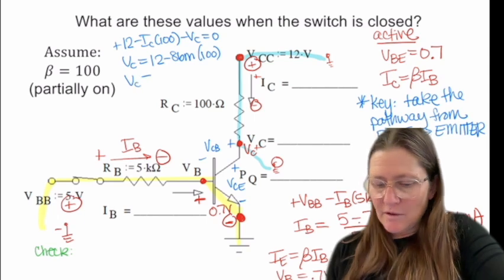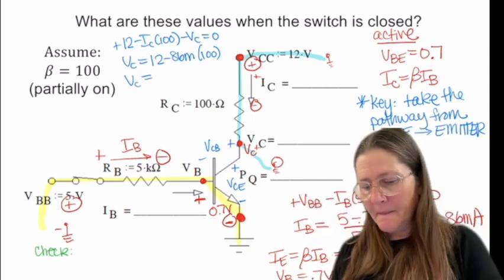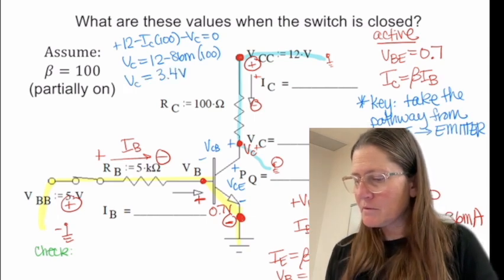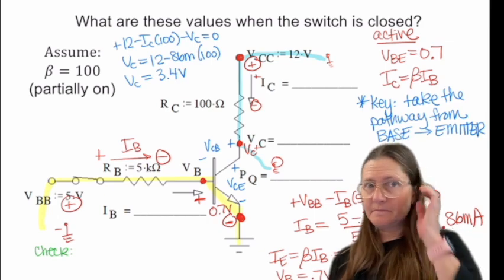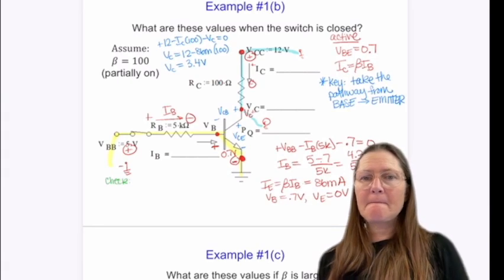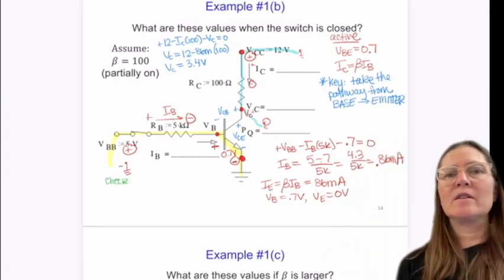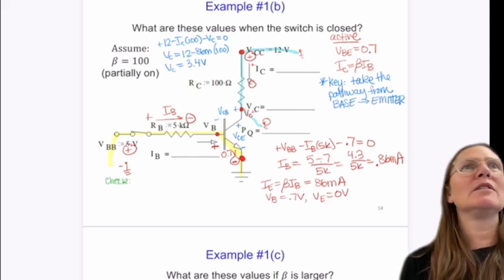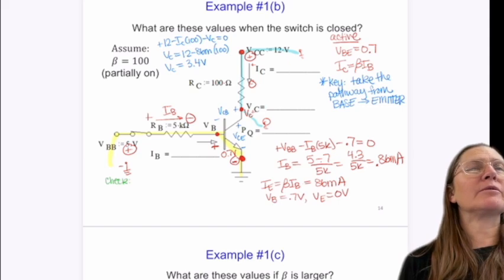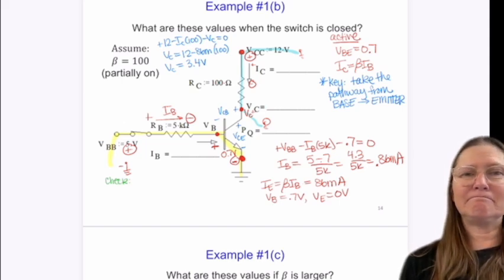So this gives me a value of VC of 3.4 volts. So found IC, IB, VC, VE, and VB.